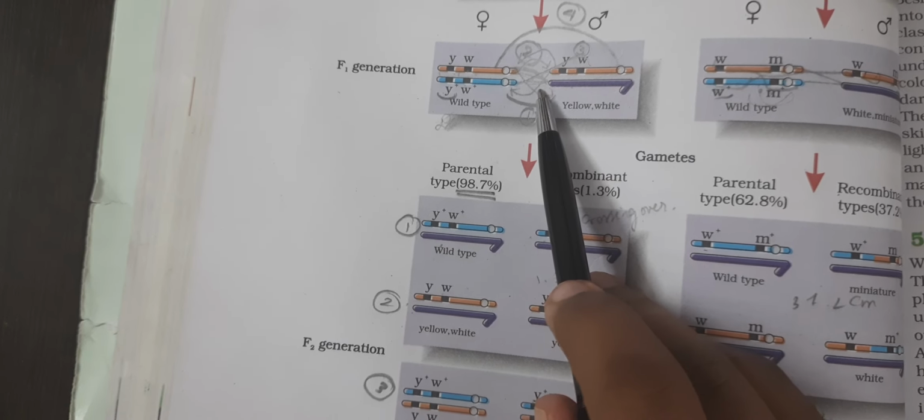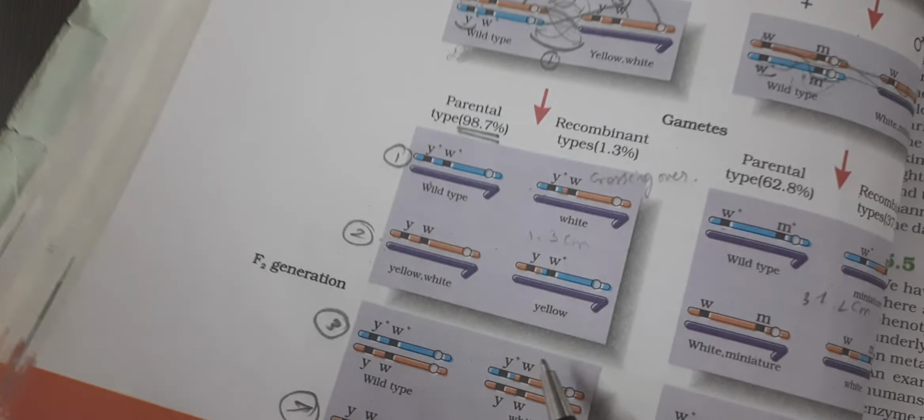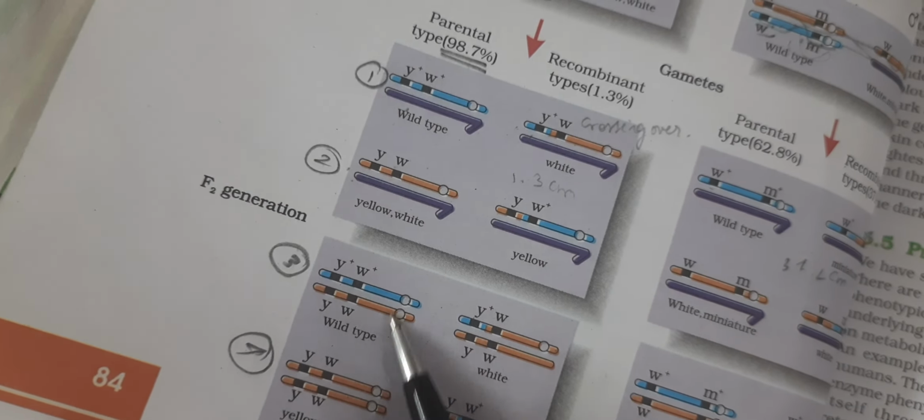First of all, this cross, and then this cross, this and this combined, this and this combined, you can see over here, right?